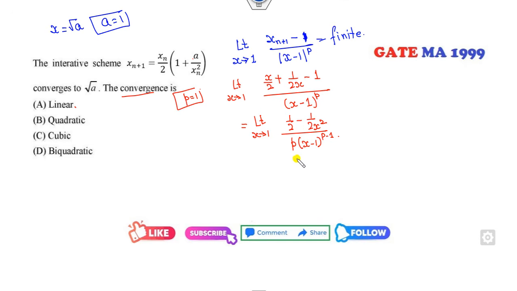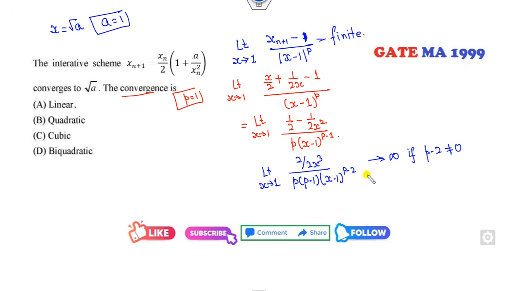Again I can apply the L'Hopital rule. So it is 2 upon 2x cube divided by p into p minus 1 times x minus 1 to the power p minus 2. Now if you take x equal to 1, it will be infinity if p minus 2 is non-zero.